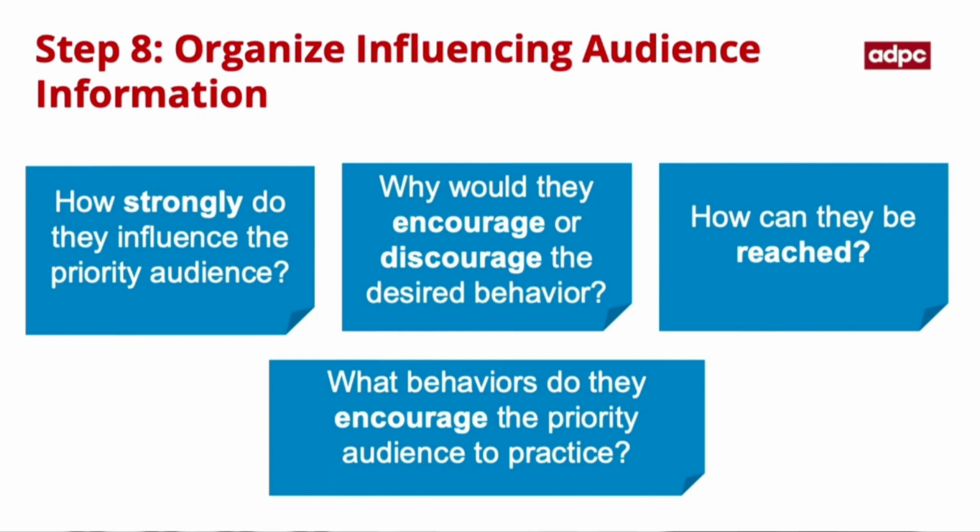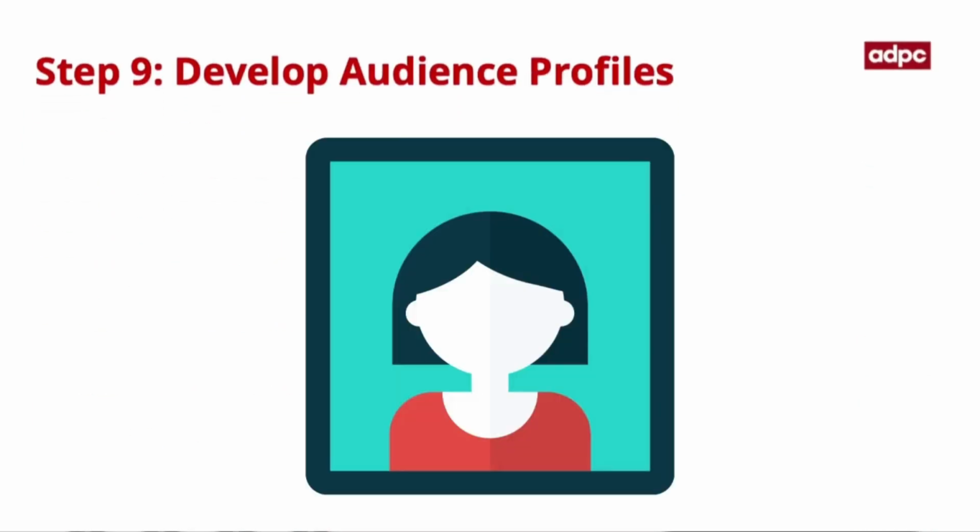Activities and messages will have to be developed for the influencing audiences as well to help promote the behavior change of your priority audience. We have now reached the last step of audience analysis. Develop audience profiles.